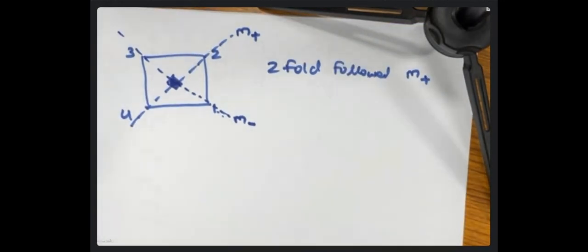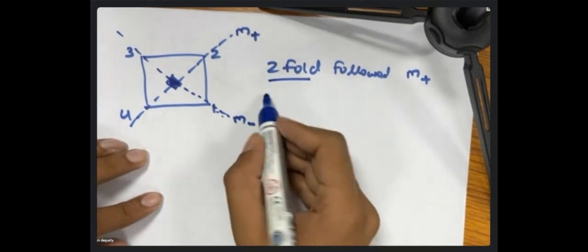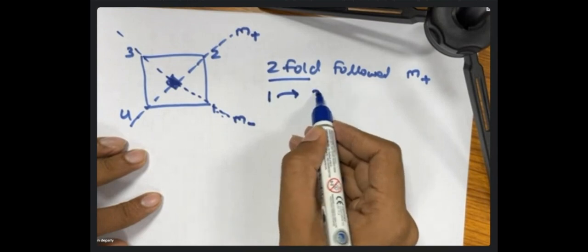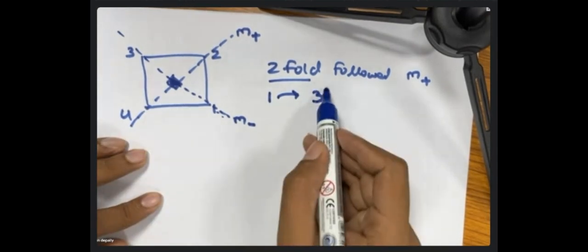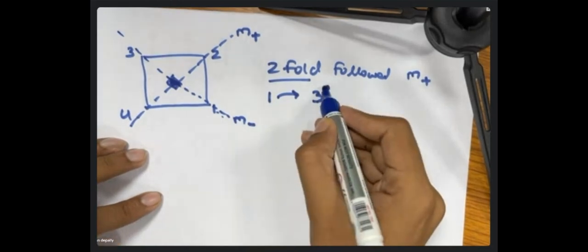Okay, so starting with point 1, let's apply the twofold. The twofold will turn 1 to the 3. 1 will transform to the 3. We need to put some dash over it, but no need to put a dash.